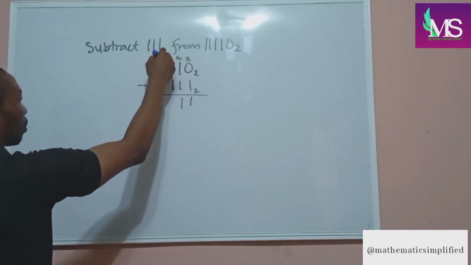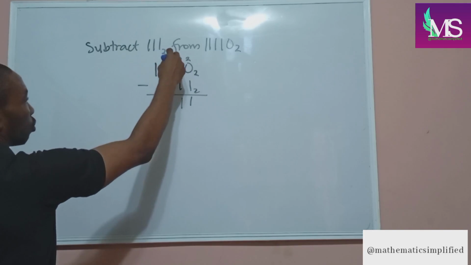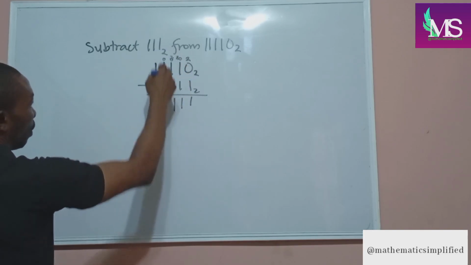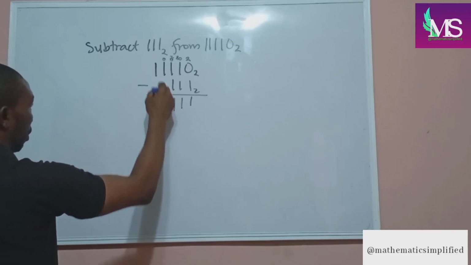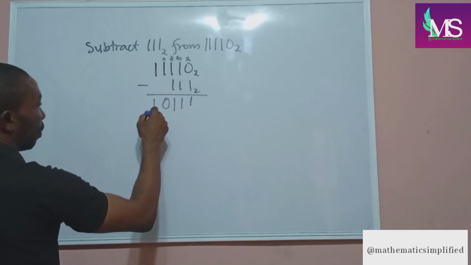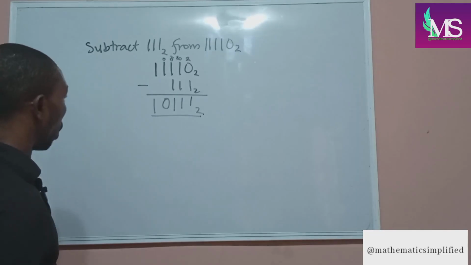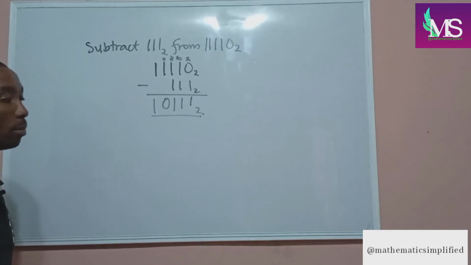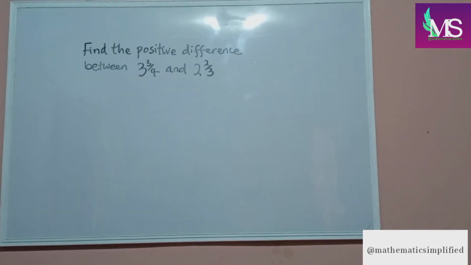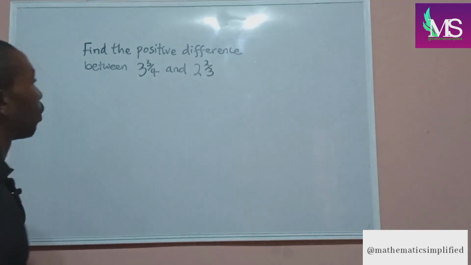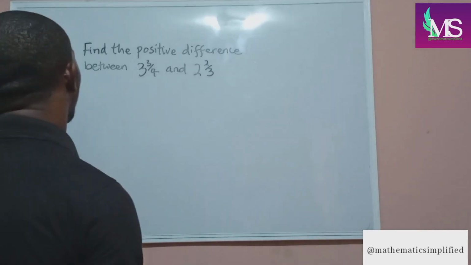Borrow again from here to make this 0, and this 2. 2 minus 1, 1. Now 0 minus 0 is 0. We bring down 1. So our answer will become 10111 base 2.